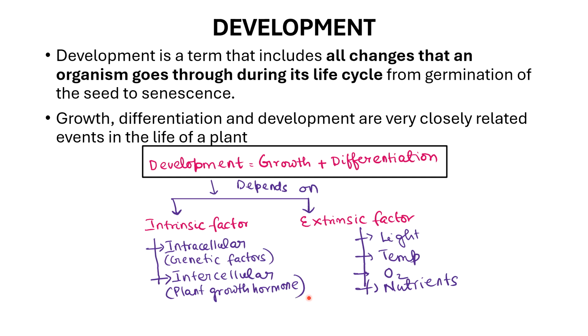We already have discussed about it, and we know how the genes can determine the plant growth. And the plant growth hormones, we have discussed all five important classes of hormones, how they can have an impact on the plant growth. The extrinsic factors of the plant also we have discussed, the important elements required for growth: light, temperature, oxygen, nutrients, gravity, all these will be considered under the extrinsic factors.